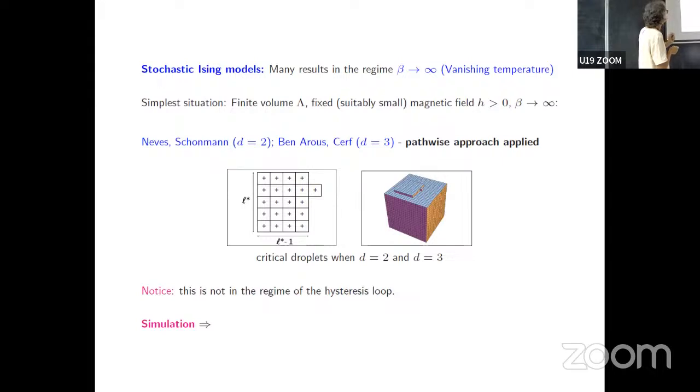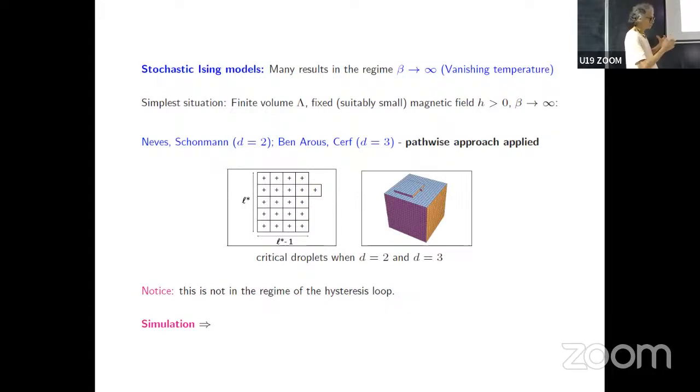The key thing was this paper by Neves and Schonmann. They look at dimension 2, so the volume is fixed, beta is going to infinity. That means these rates, when they are small, are pretty small, and there are some which are rate 1.